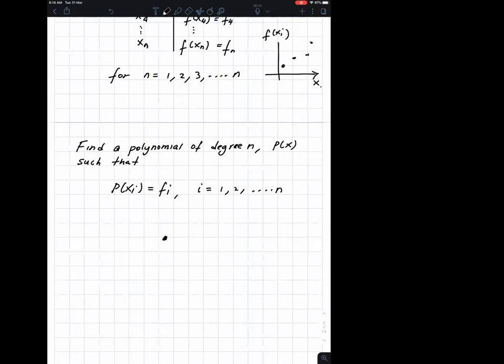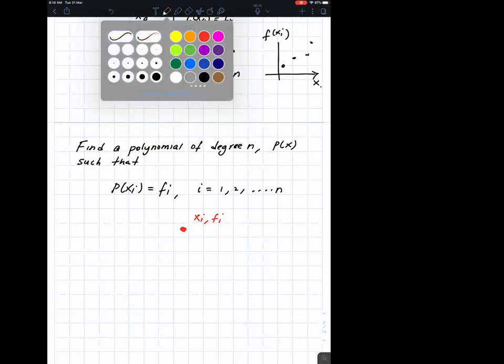This is the x_i, and f_i. Let me put this in a different color. What the statement is telling you is, let's say you have a data point here, x_i, f_i. You should be able to match it with the polynomial.